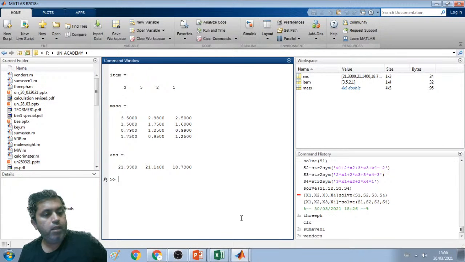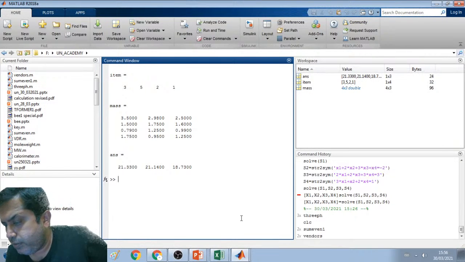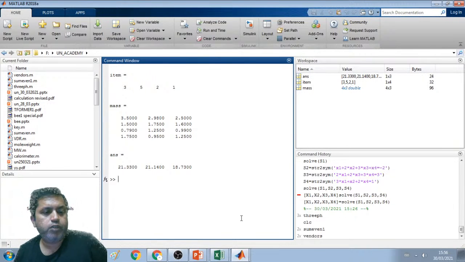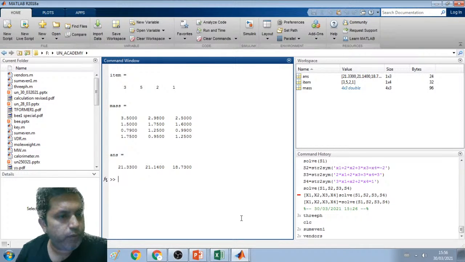Okay, so these are some matrix operations we need to perform. There are a lot more examples.